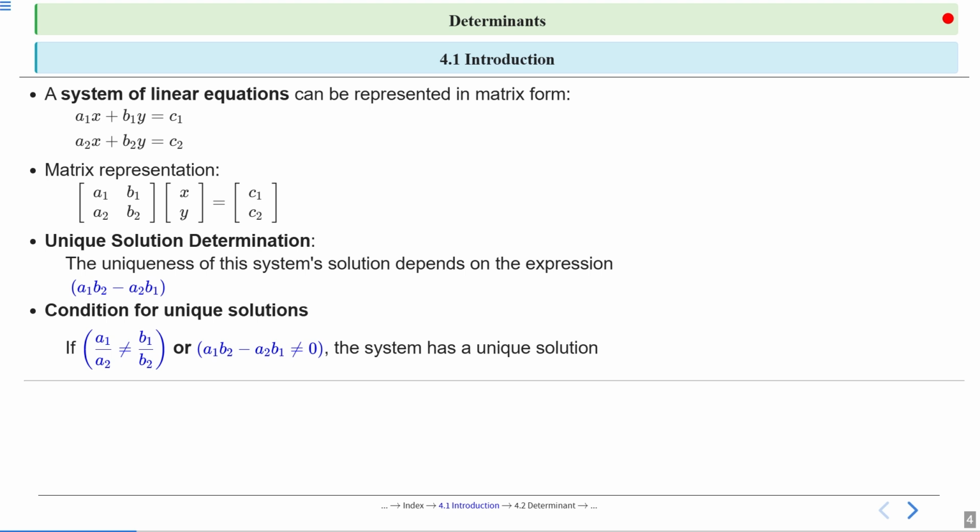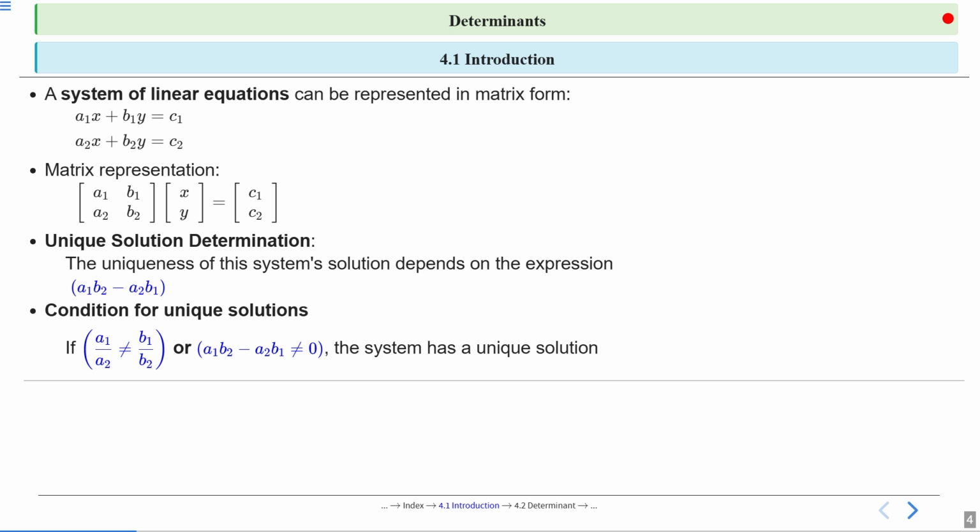So we can relate it to an expression, a1 b2 minus a2 b1, and that expression is known as the determinant. By this expression, we know whether the system has a unique solution, many solutions, or no solution. So if we calculate the value a1 b2 minus a2 b1, we know about the system of linear equations.